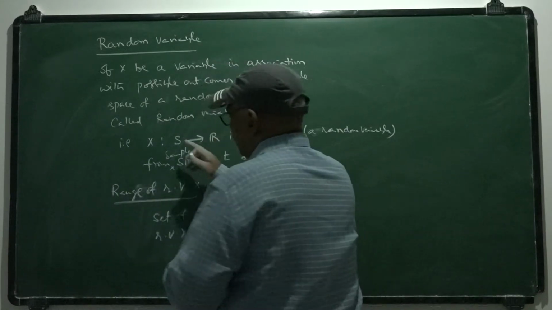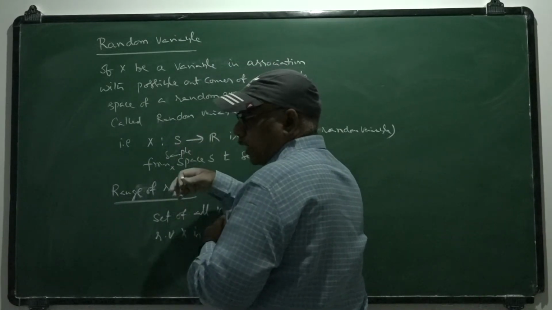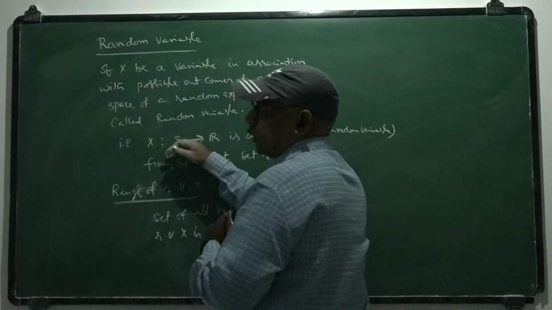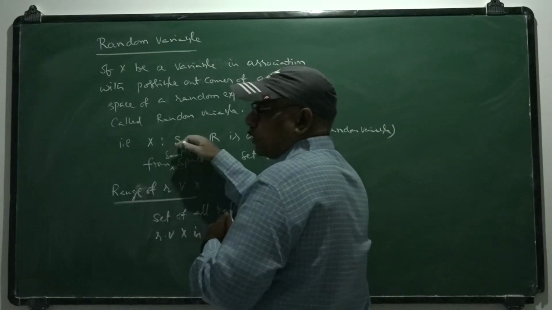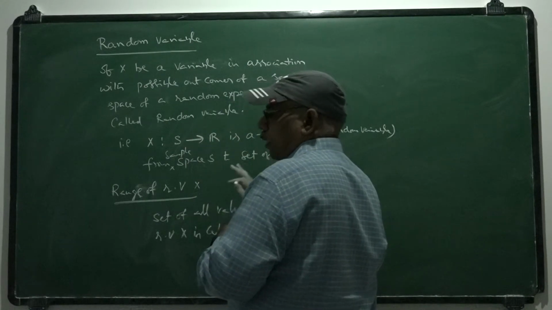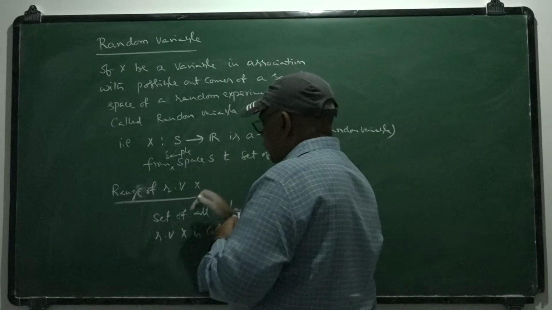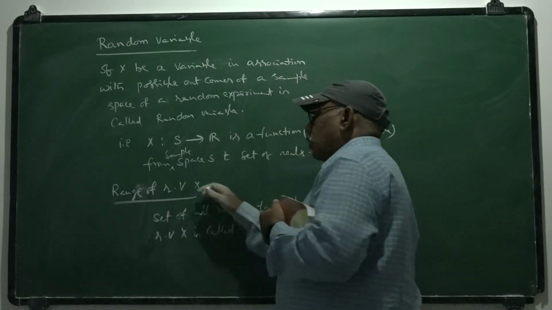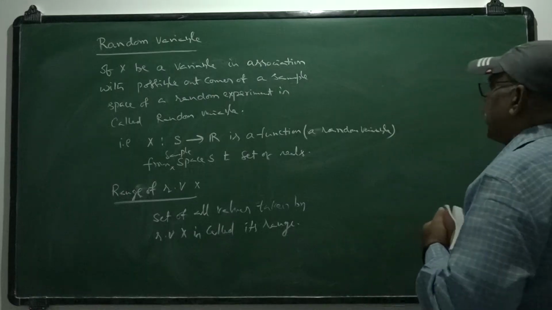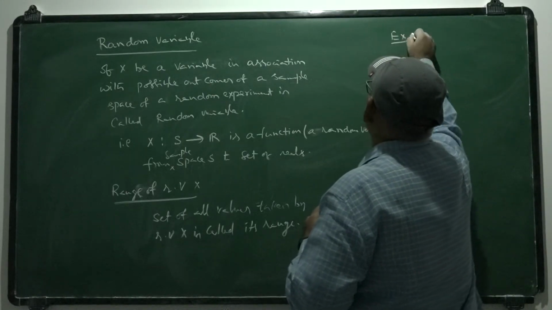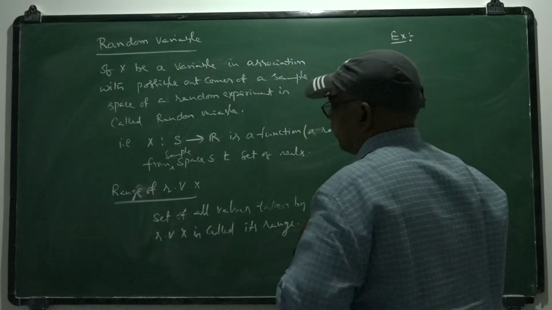Its domain is the sample space, all the possible outcomes of the random experiment, and it takes certain values corresponding to each possible outcome. Such values taken, in a set, are called the range of random variable X. I will explain through an example.